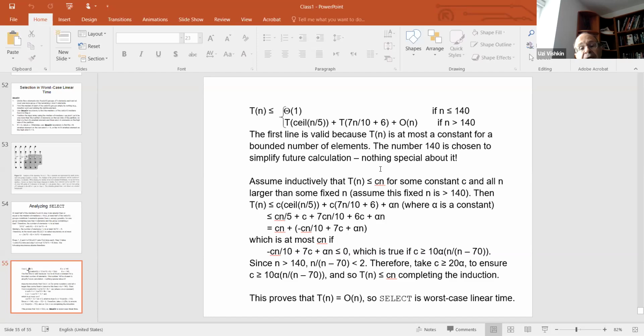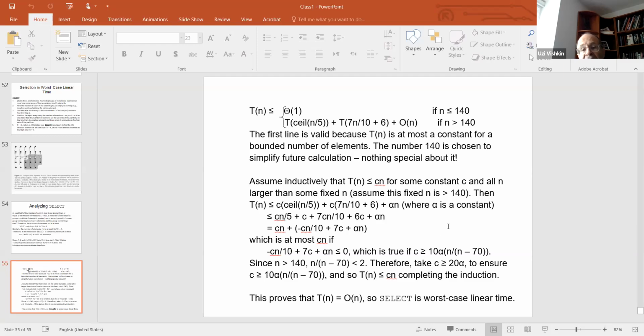So the fact that we were able to recursively continue with two problems where both of their sizes are a constant fraction below 1, this type of reasoning of arguing inductively that T of n is at most c times n for some constant c and for all n larger than some n sub 0 will be able to push it through.